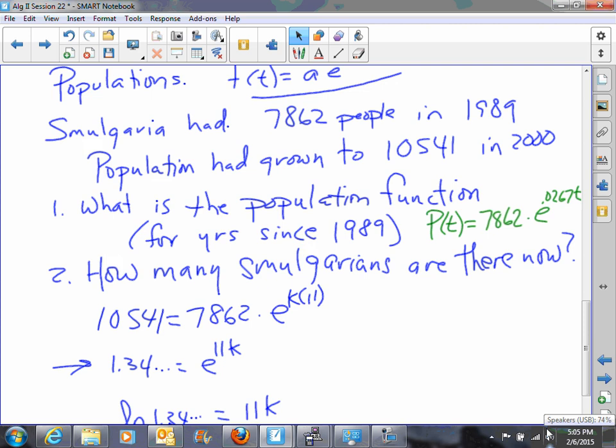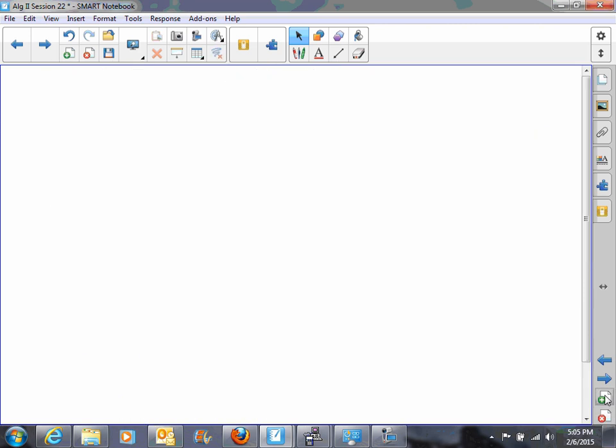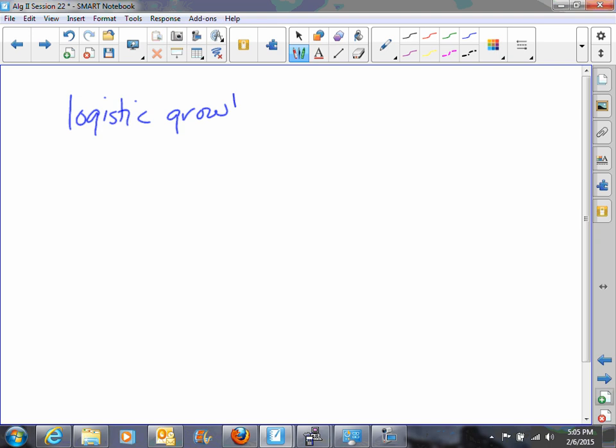The exponential function for population. Now, there's another type of exponential function that they want to introduce, and this is the logistic growth function. Now, see, populations grow exponentially, but then at some point, many times, there's some limiting factor.